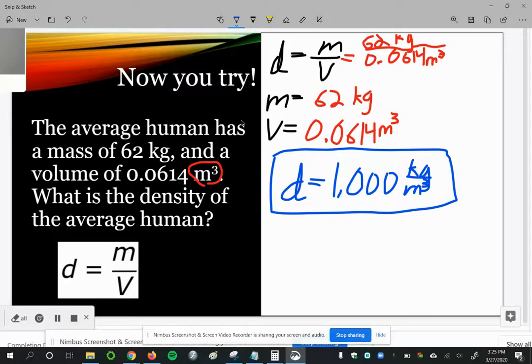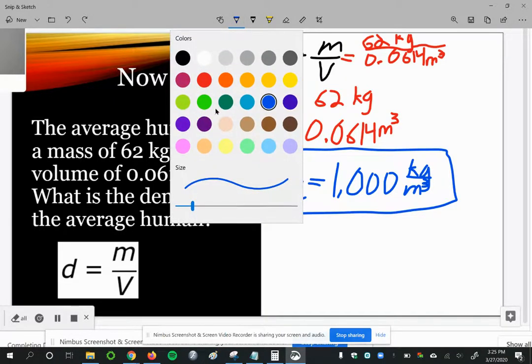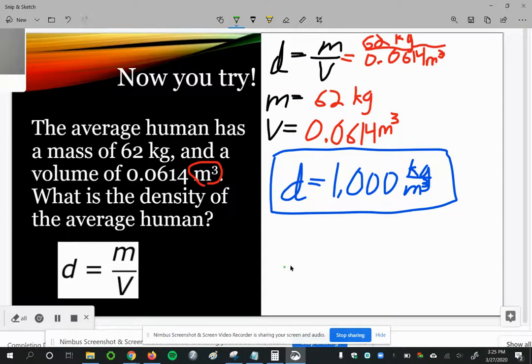One more bonus fact. This is for my online class right now, and in my in-person class, I was going to have you guys calculate the density of water. The reason is because I wanted you guys to see something. The entire metric system is based off of this one fact, that the density of water is equal to grams per milliliter.